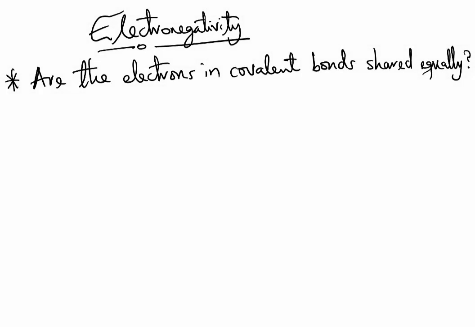Let us now take a look at a very consequential question. Are the electrons in covalent bonds shared equally? That is the question. To illustrate what this question is asking us, let us take a look at HF gas, hydrogen fluoride gas.